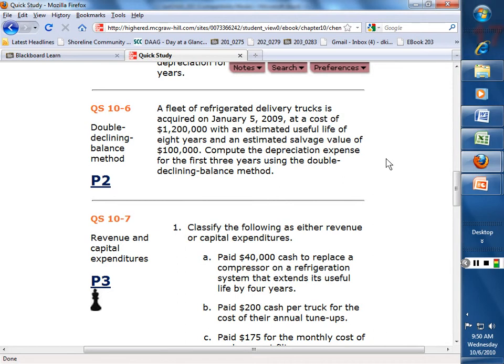DDB, what are we after? The first D we're after is the double. Go find that doubled rate in this example. I'm sorry, quick study 6. In this problem here?